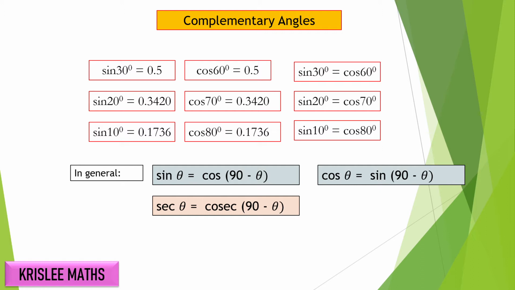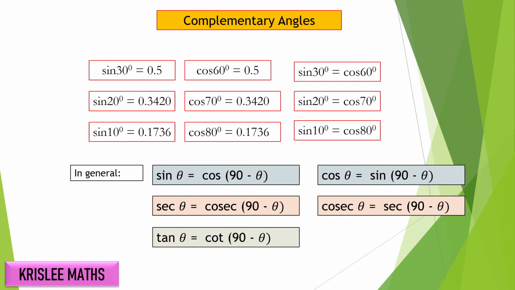So secant theta equals cosecant of 90 minus theta, or cosecant theta equals secant of 90 minus theta. And the last one, tangent. The cofunction of tangent is cotangent. So tangent theta equals cotangent of 90 minus theta, or cotangent theta equals tangent of 90 minus theta.